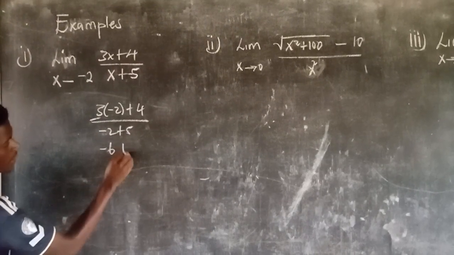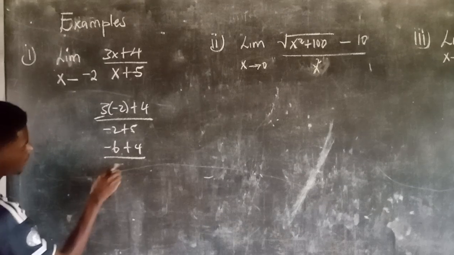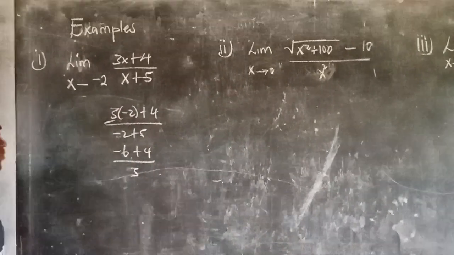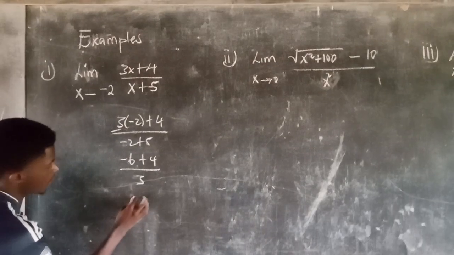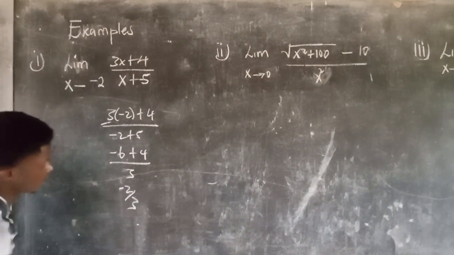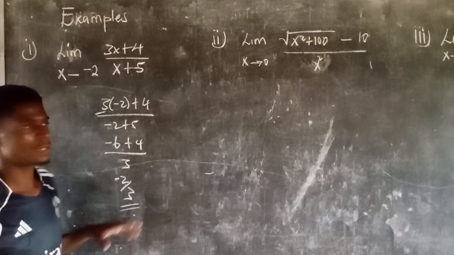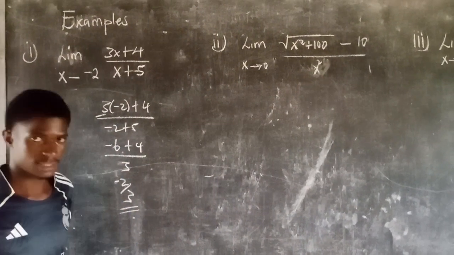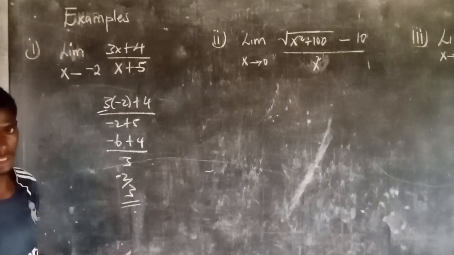That is -6 plus 4. Over here you're going to have -2 plus 5, that's 3. So -6 plus 4, you get -2 over 3. So we can see that this function, just by direct substitution, is defined. Meaning what you've gotten is the limit for this function.